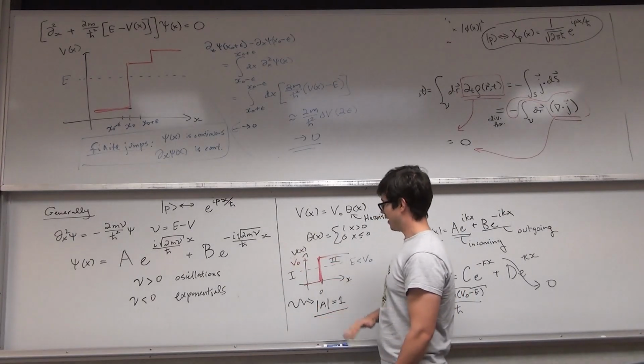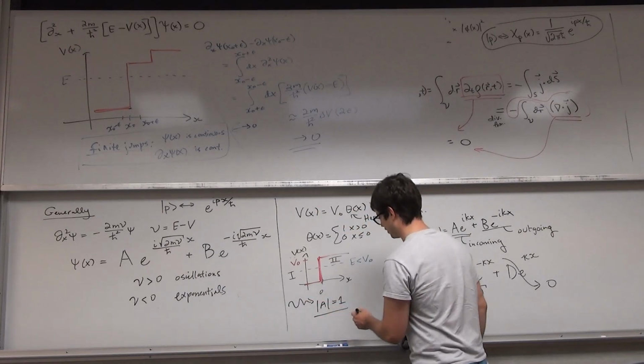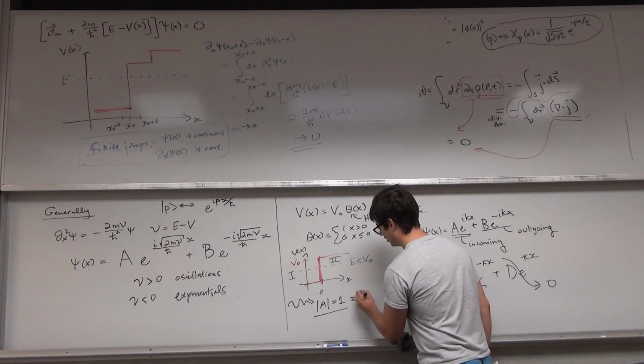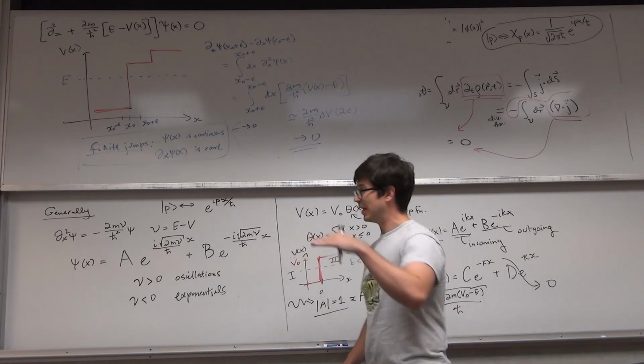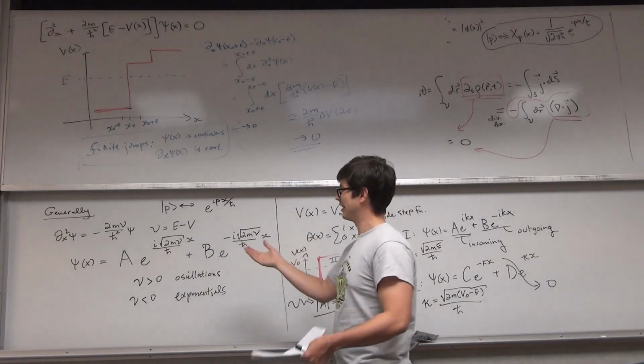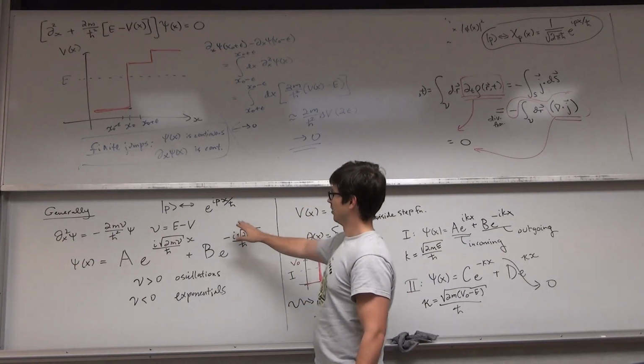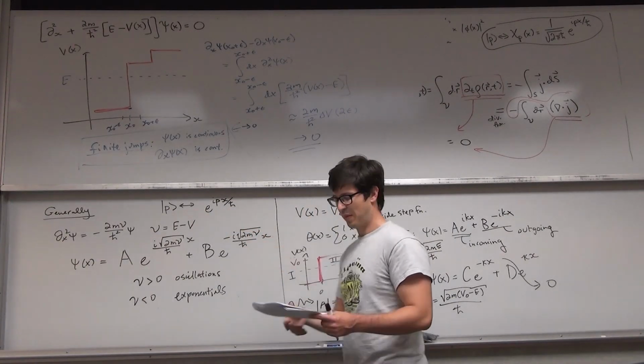So we set the magnitude of A equal to 1. In particular, you could just set A equal to 1. So we have an incoming particle, which we can think about as being in a pseudo-eigenvector state of definite momentum.